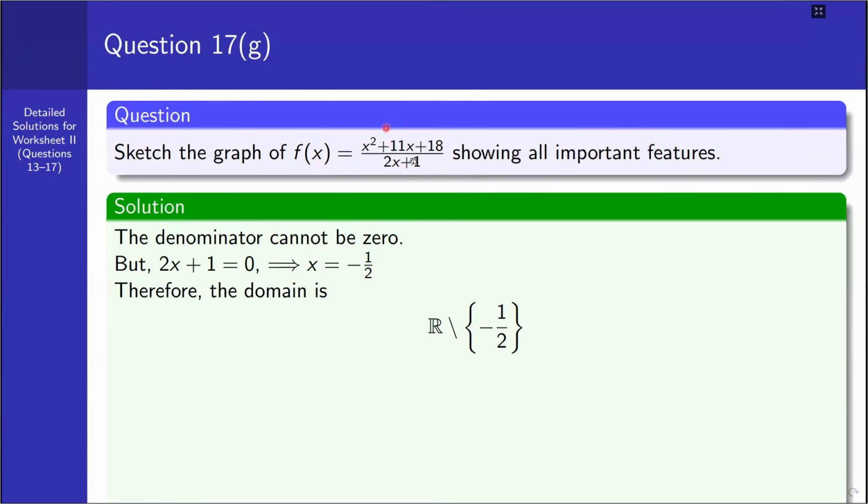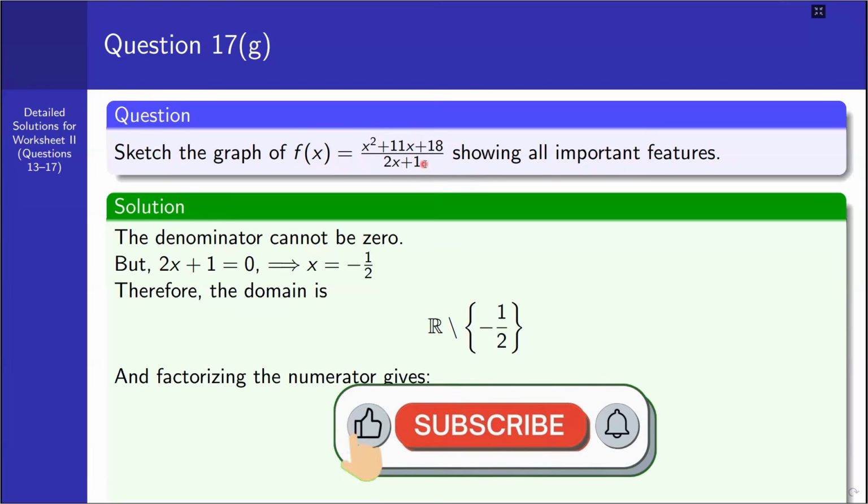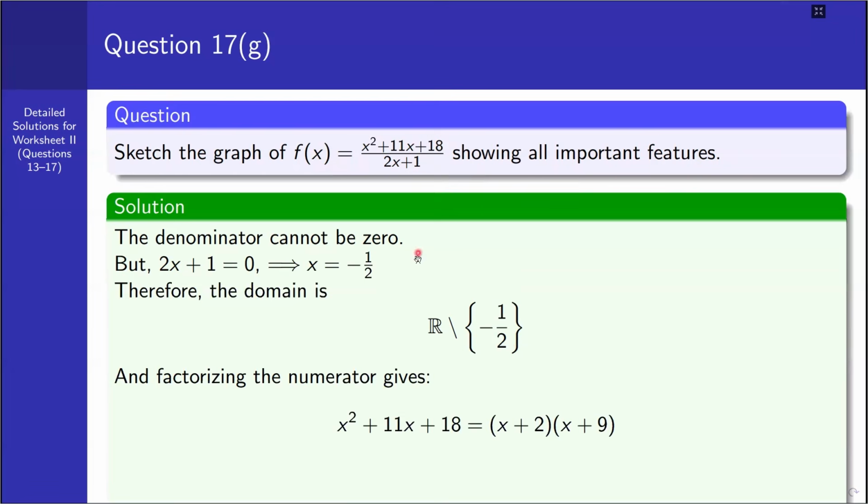We simplify and factorize; if the 2x plus 1 cancels, being a removable factor, it is a hole, and there is no vertical asymptote. After factorizing the numerator, we have the factorized form. The numerator has no factor that cancels 2x plus 1. Therefore, f of x can be expressed as x plus 2 times x plus 9 over 2x plus 1.